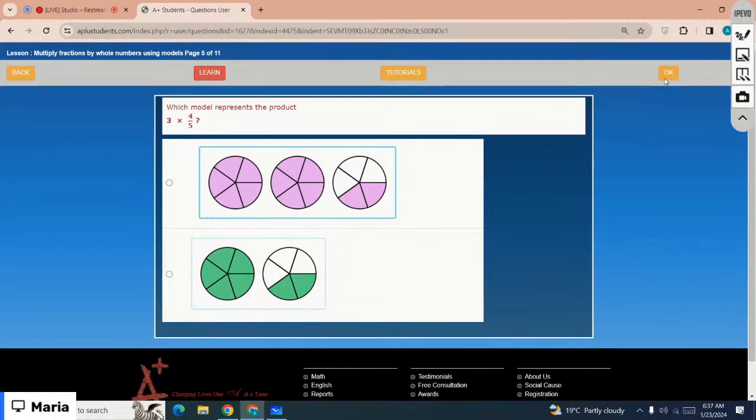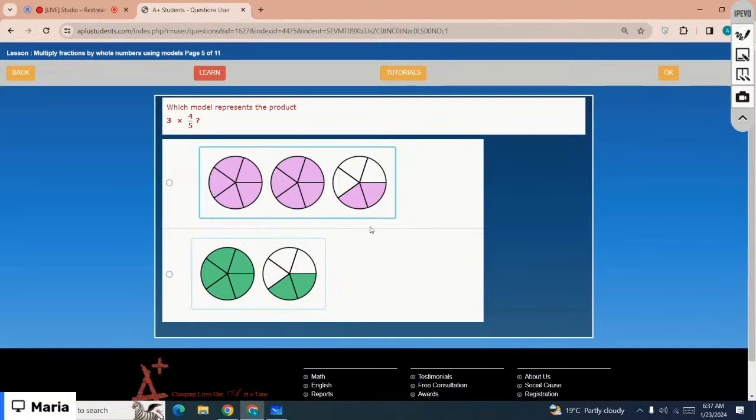Which model represents the product? So which is the correct option? Which is the correct?